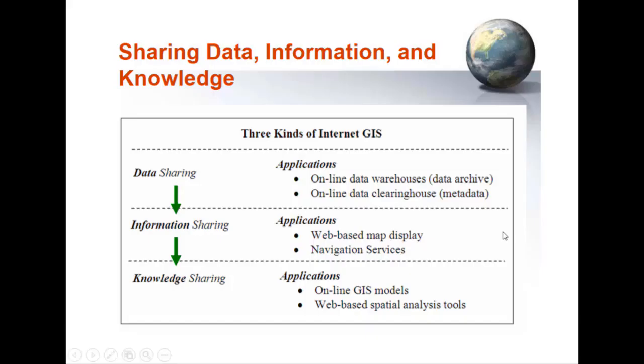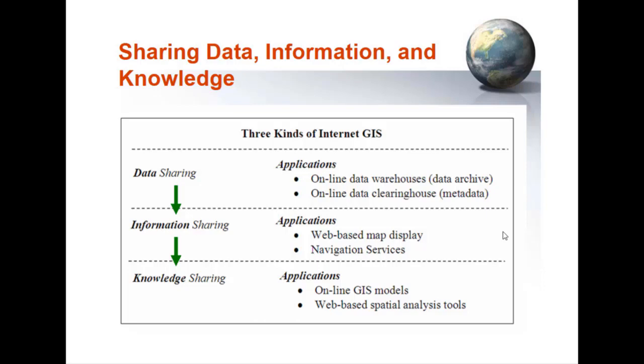Now there are three kinds of Internet GIS. These are nothing but the sharing of data, then information and knowledge. So three kinds of Internet GIS we can have: data, information and knowledge.